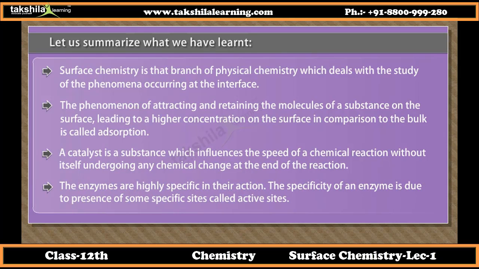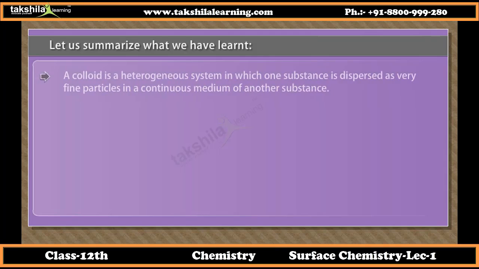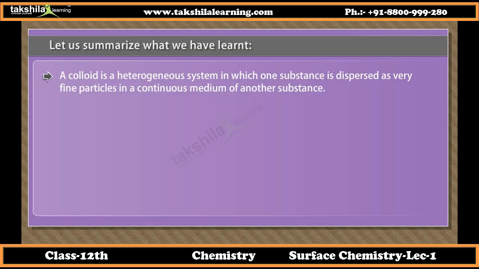Enzymes are highly specific in their action. The specificity of an enzyme is due to the presence of some specific sites called active sites. A colloid is a heterogeneous system in which one substance is dispersed as very fine particles in a continuous medium of another substance.